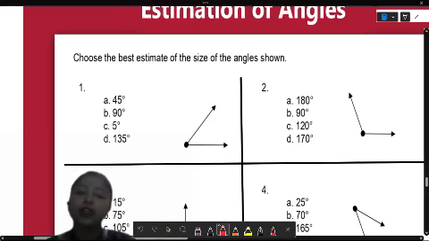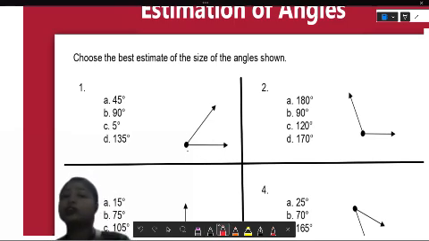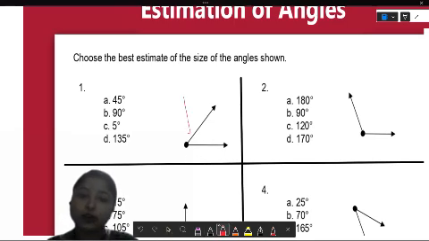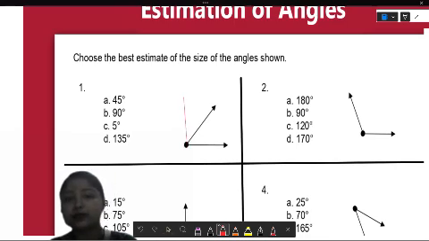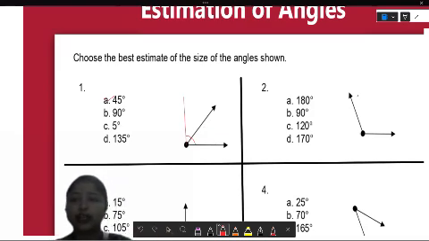So as I've told you, when you are estimating, always refer to a right angle. If I make a right angle like this, and this is just half of it, then maybe it's a 45-degree angle, because half of 90 degrees is 45. That's how I get the estimation.